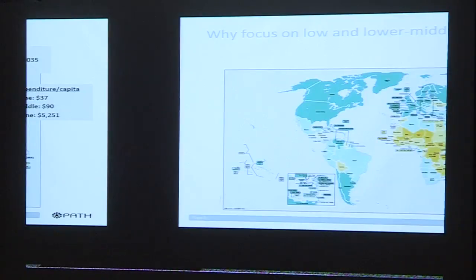That just gives you a sense of the difference we're talking about between lower middle and high income countries. And also when we think about what that means in terms of how much is spent on health per capita, in a low income country the average is $37 per person per year. In lower middle income countries, it goes up to $90 per person per year.